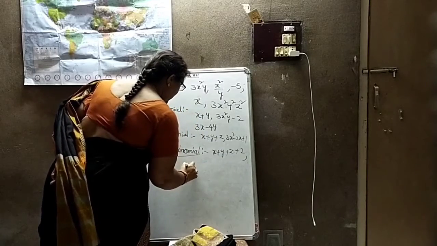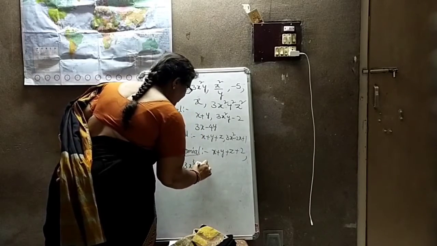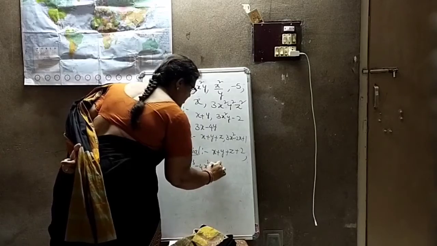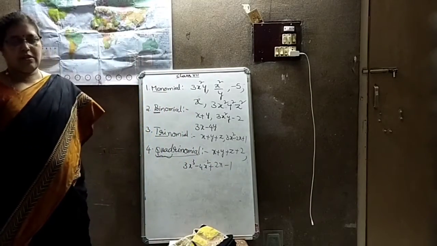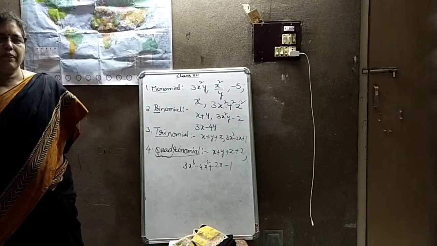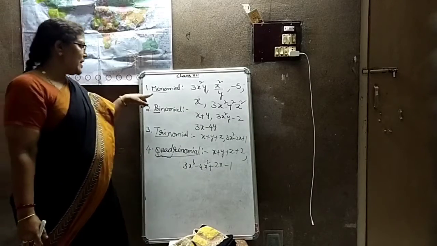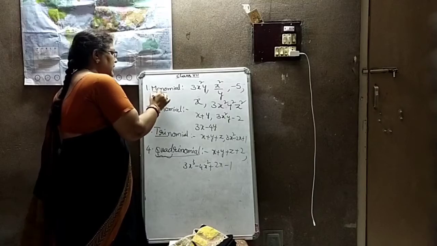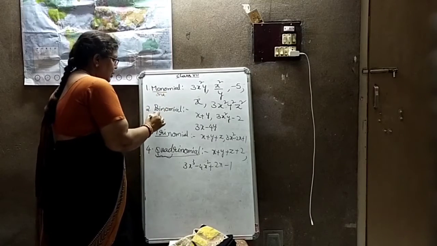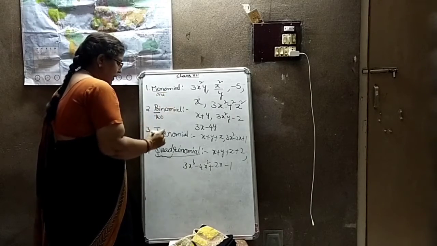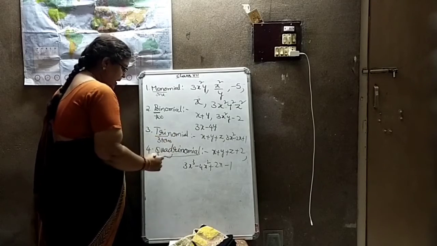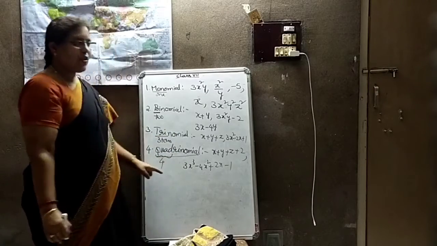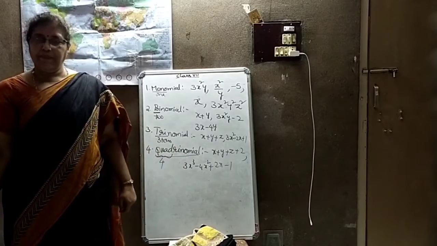Or 3x cubed minus 4x squared plus 2x minus 1. So four terms. So a single term, monomial. Two terms, binomial. Three terms, trinomial. Four terms, quadrinomial.